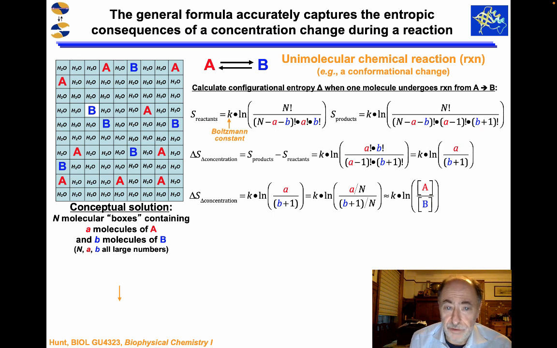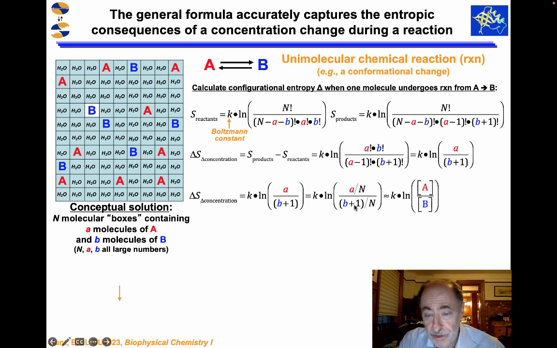Even 1 microliter of a solution at nanomolar concentration involves about 6 times 10 to the 8th molecules. 6 times 10 to the 8th compared to 6 times 10 to the 8th plus 1 is insignificantly different. Therefore, we have a very good approximation of the entropy change as k times the natural log of the concentration of A over the concentration of B. Note that all these are mole fraction units.